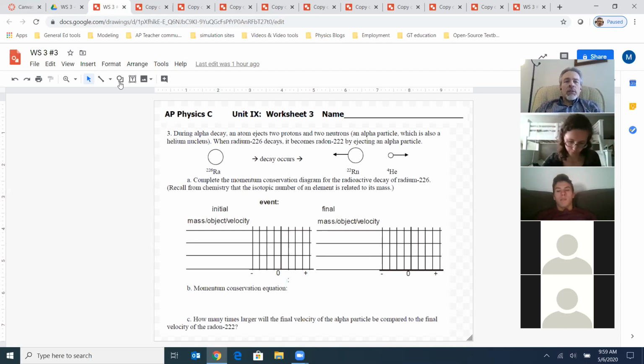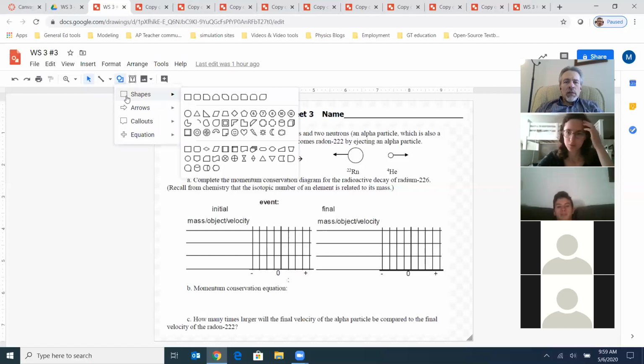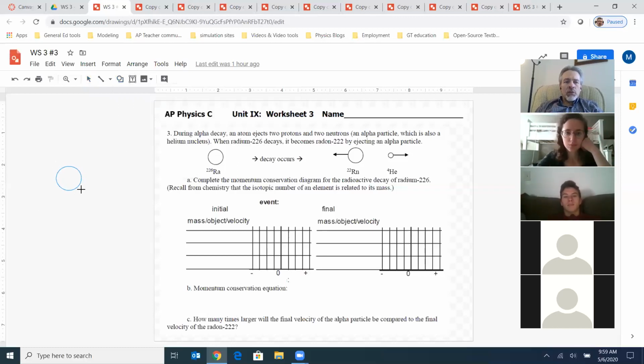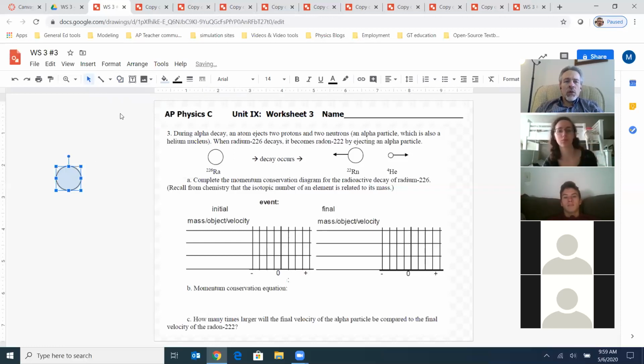There's one more thing I need to tell you about that is not going to be on the test today, but you might see something like this on Monday's AP test, and it deals with momentum. I'm going to redraw this. Let's say that we had some kind of decay that decayed into like 3 different particles. So this is before, and then the after looks like maybe something like this. And we have something that takes off this way.